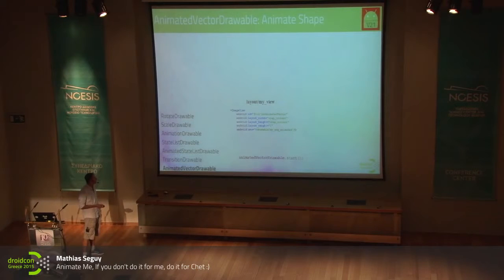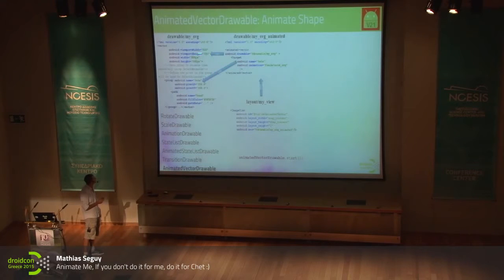So, how does it work? I have my image view, and I say I'm going to use an animated vector. So I define in my drawable an animated vector, which targets a vector drawable. It's a real vector drawable, so new stuff we can use.